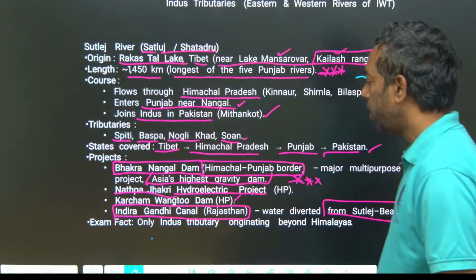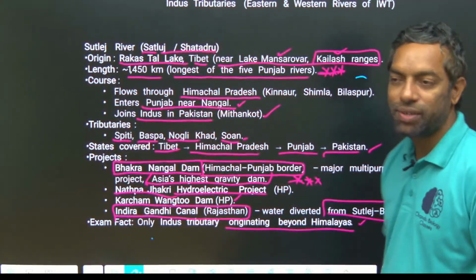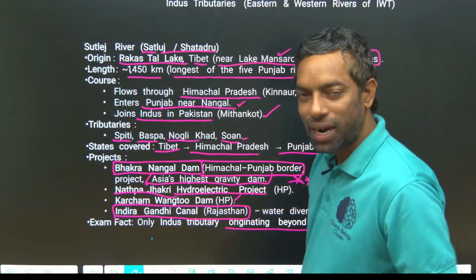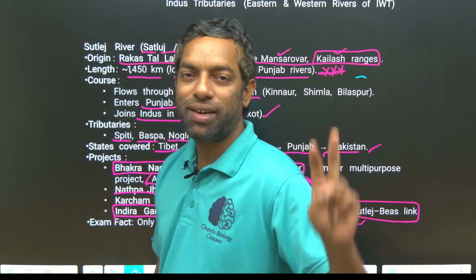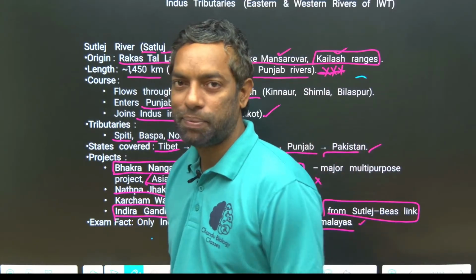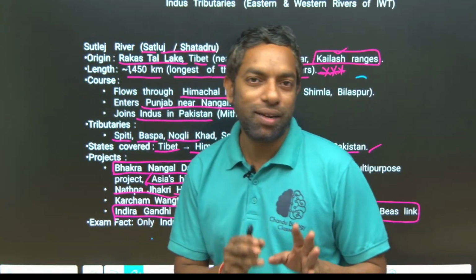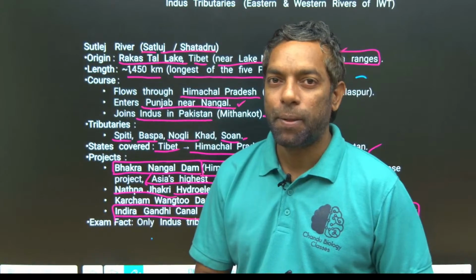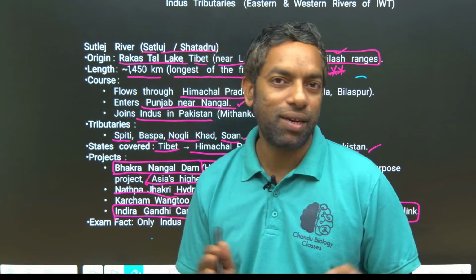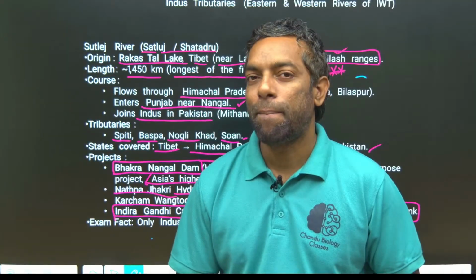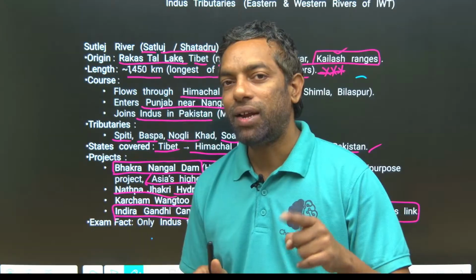Only the Indus and Satluj originate beyond the Himalayas, that is, trans-Himalayas. The Indira Gandhi Canal is the most important irrigation canal in the desert area of Rajasthan, taking water from the Ravi, Bias and Satluj.